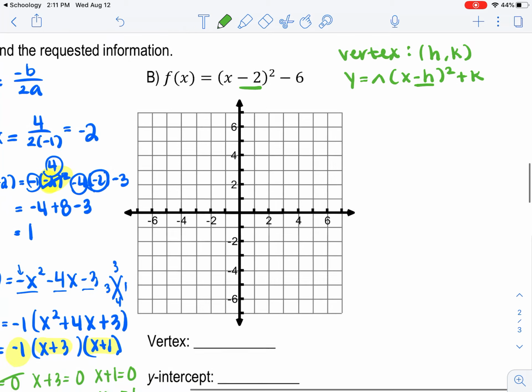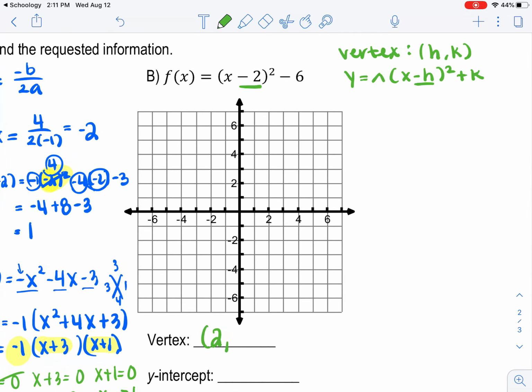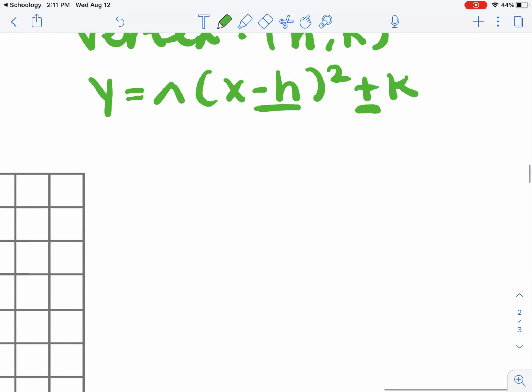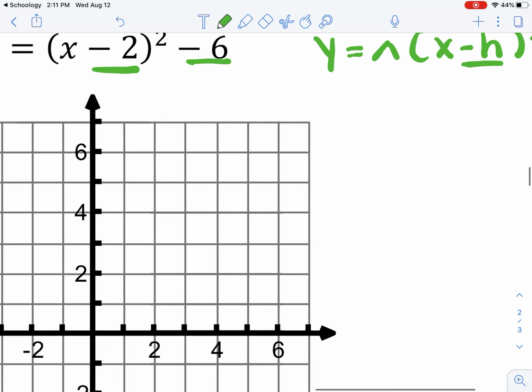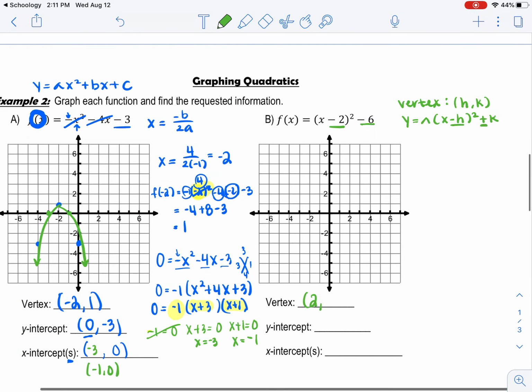So if this is a negative 2, h is positive 2. If you look at k, let's take exactly what it is, so it's a negative 6. So right away notice that's why vertex form is easier comparatively when you're looking for the vertex.